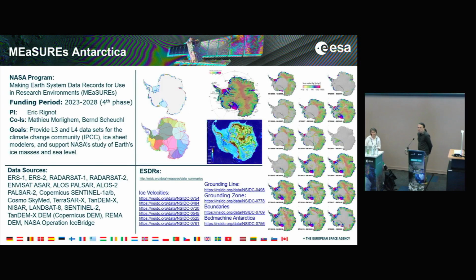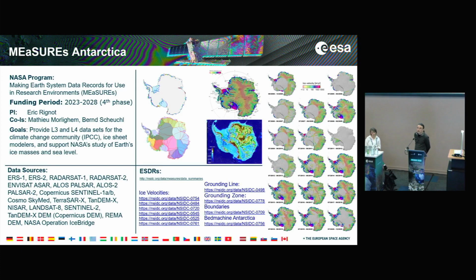But to move forward, like the Ice Sheet CCI, NASA also funds some groups to produce geoinformation products for the ice sheets. Our group in particular is funded to produce products for the Antarctic ice sheet. We have ice velocity products, grounding line. We also have the bed, which is a level 4 product that includes modeling, and ice sheet boundaries.